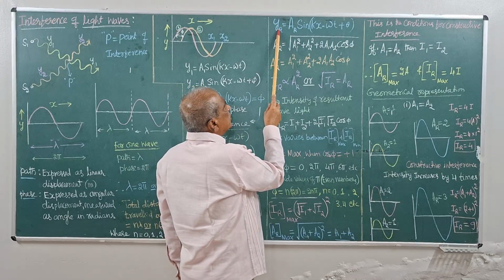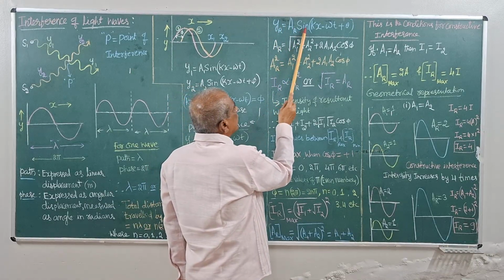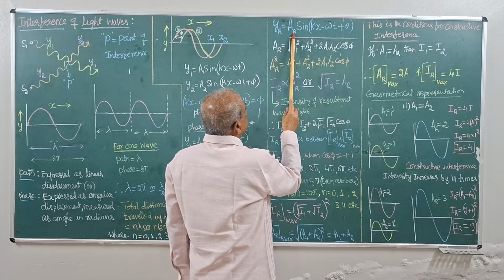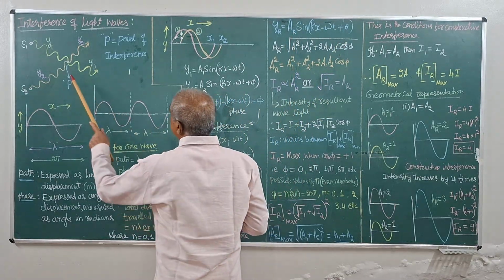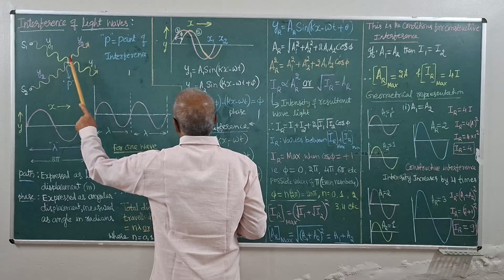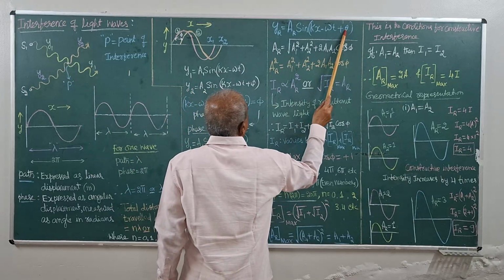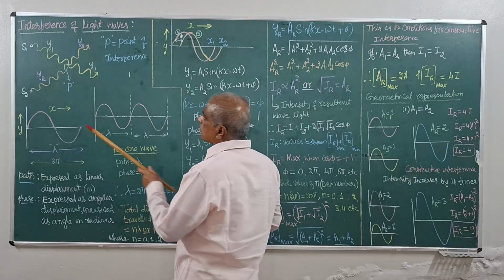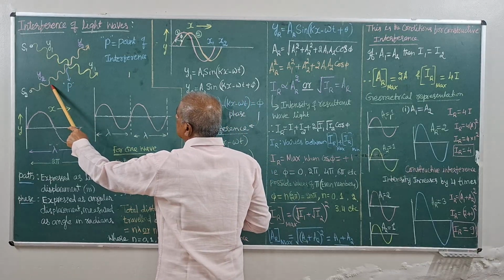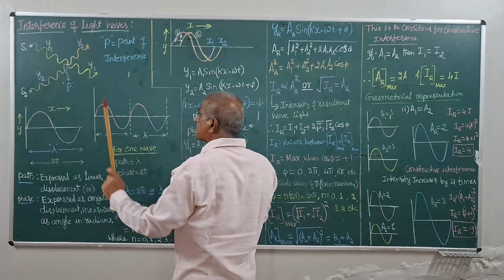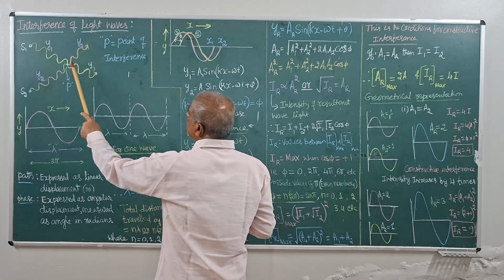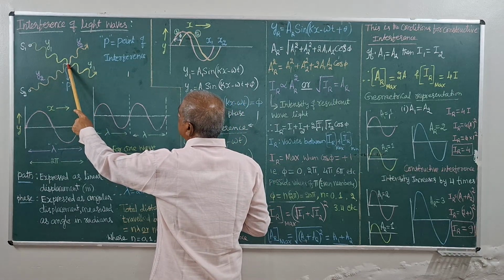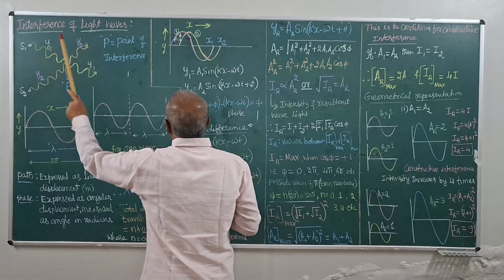YR, the resultant wave, equals AR into sine of kx minus omega t plus theta. What is AR? The resultant amplitude at this point of interference. What is theta? It is again the phase difference. These two have a phase difference. After the interference, there is also a phase difference: the resultant will have a phase difference with respect to y1.